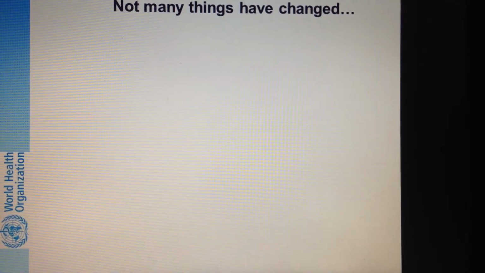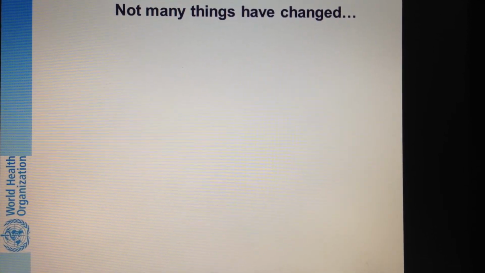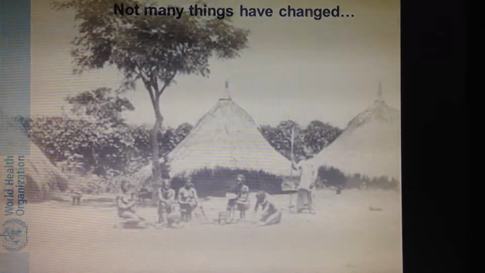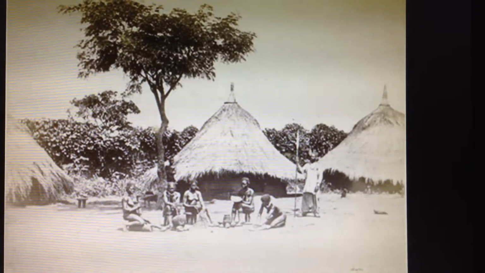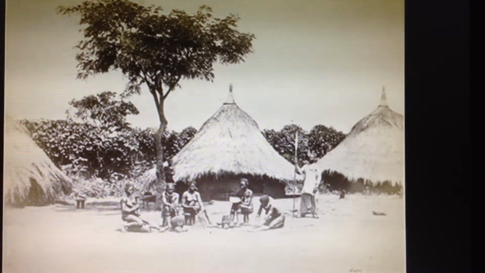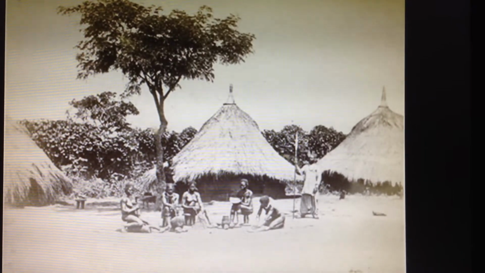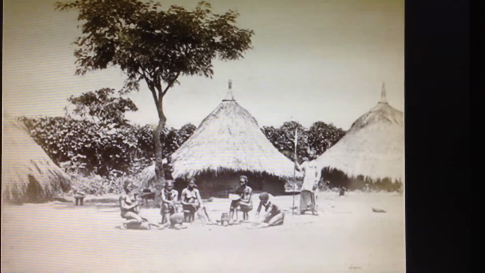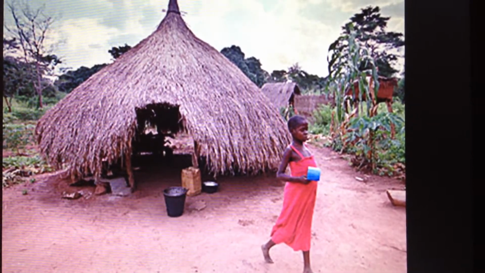If I can summarize the challenges, in fact, I would say that not many things have changed. This is an image of around 1990 from the Zande tribe in South Sudan. And this is the same area a couple of years ago.